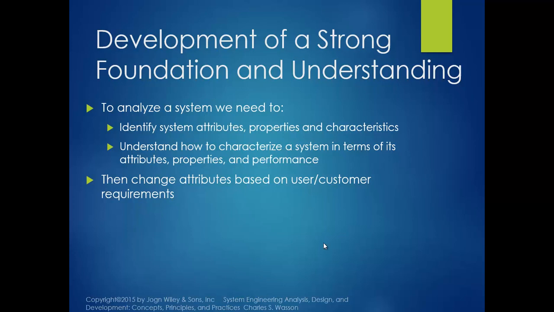So by identifying that, we will understand how to characterize a system in terms of its attributes, properties, and performance. We can change the attributes based on user or customer requirements, or customize those attributes to fit a certain organization.